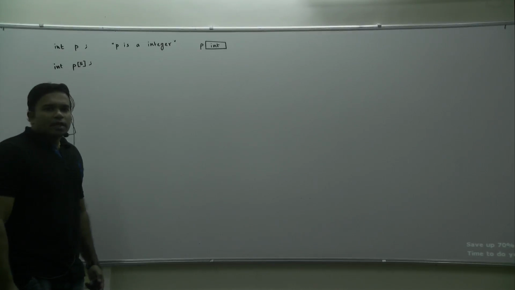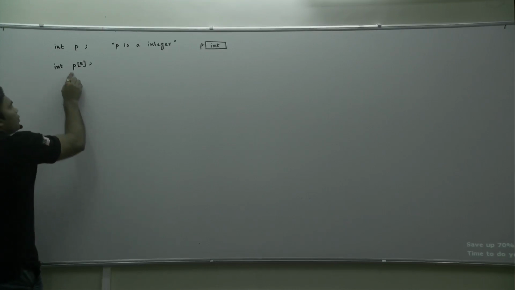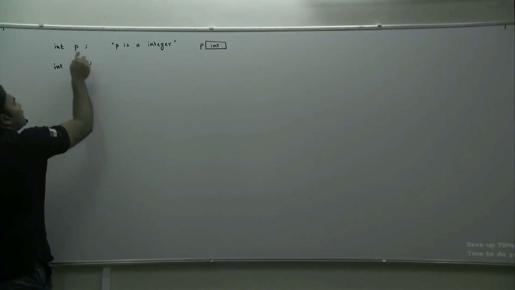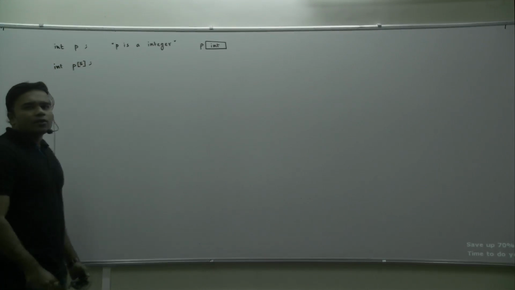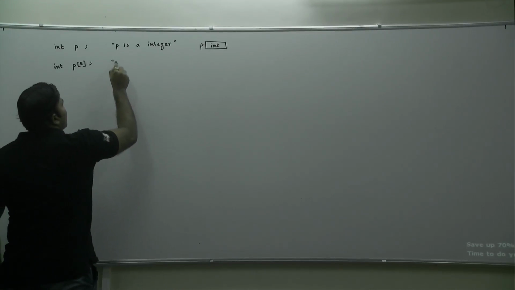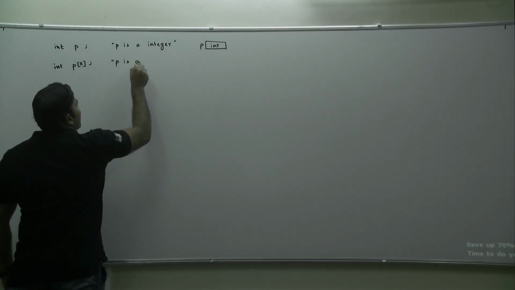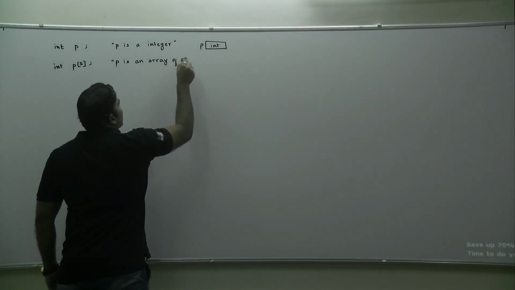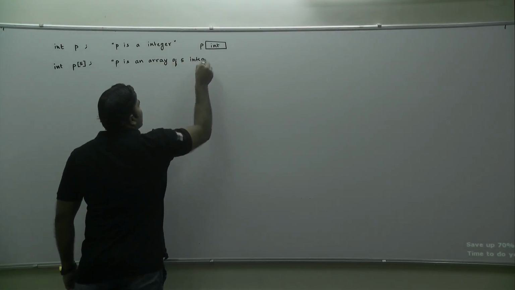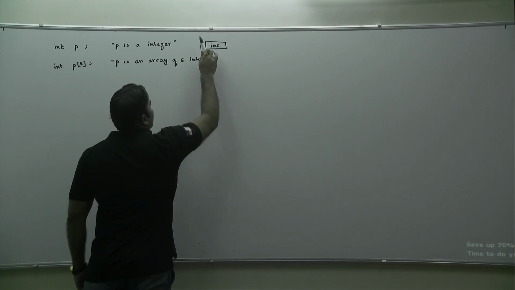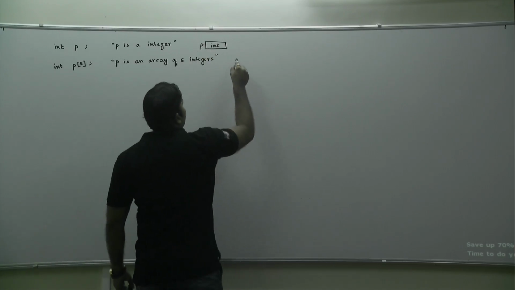So based on that technique, if you read it, p is an array of 5 integers. That is the way you should be reading it. I'll just write it for your reference. You should read it as p is an array of 5 integers. That is how you have to read it. The moment you read it like this, writing the diagram is so simple.